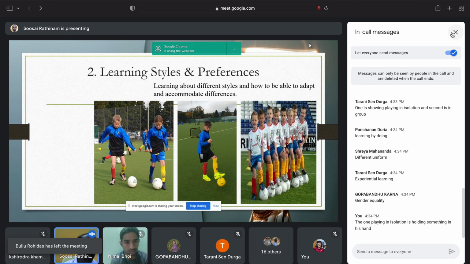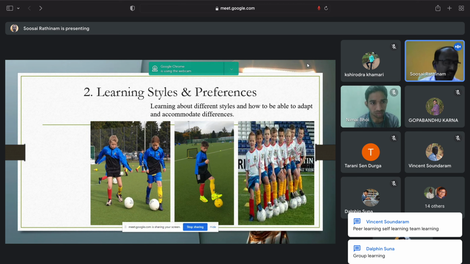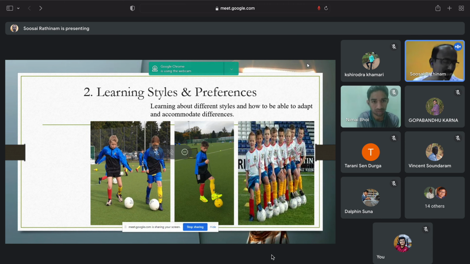One is playing in isolation, holding something in his hand. Okay. Peer learning, self-learning. Okay. Group learning. Okay. But I just wanted you to look at these pictures. Look at their socks. What do you think by looking at their socks? What comes to your mind? Are they the same in color?